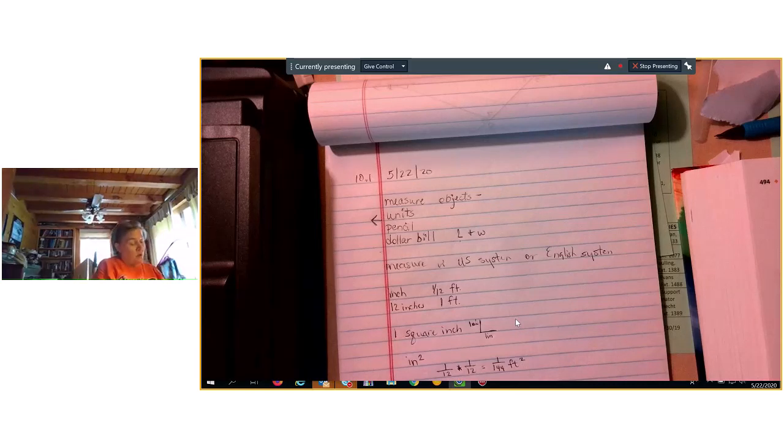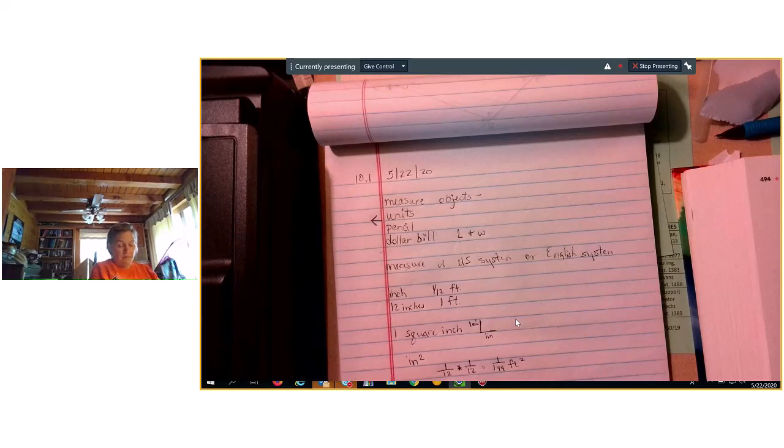Now, on pages 494 and 495, you're going to see units and their abbreviations and also the symbols that you use. You're going to need to know that, and especially on page 496, you're going to need to know the metric units.